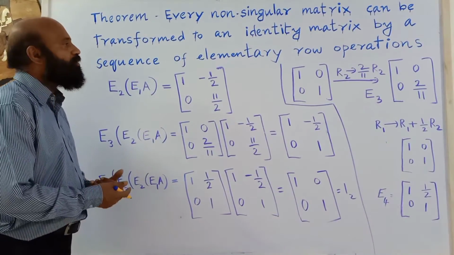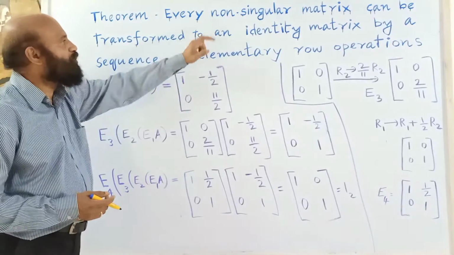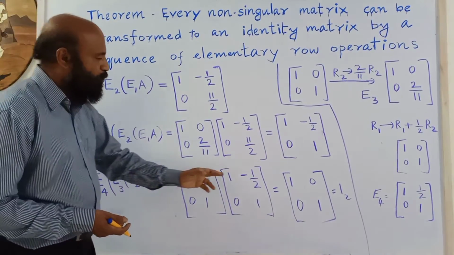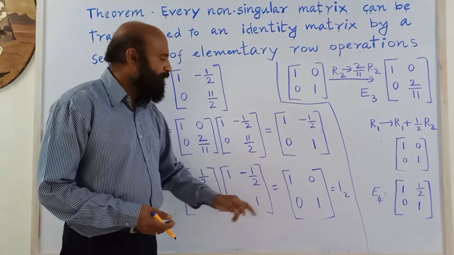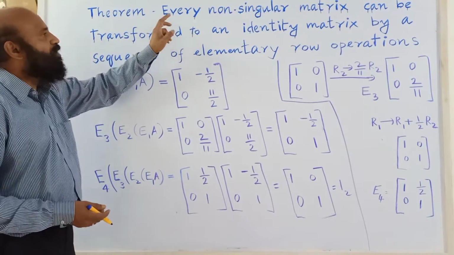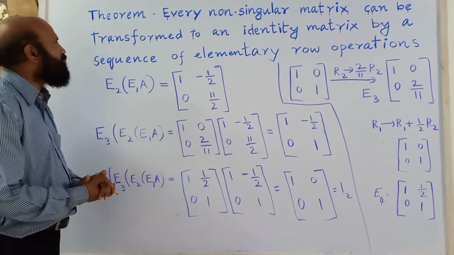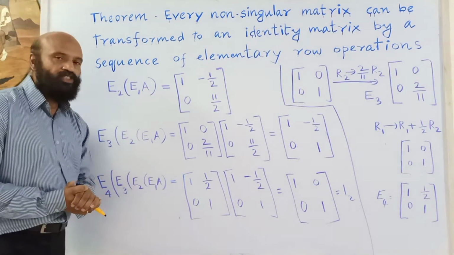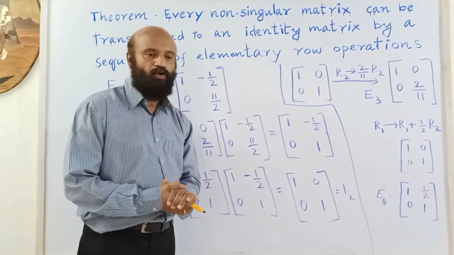So a given non-singular matrix, by a series of elementary transformations, we converted it into an identity matrix. So from this it is clear, every non-singular matrix can be transformed to an identity matrix by a sequence of elementary row operations.